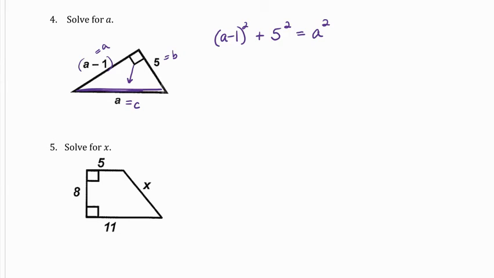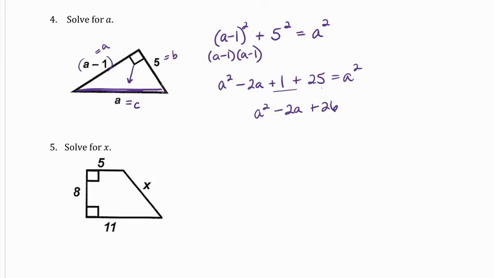When I square a minus 1, remember you want to write it out twice: a minus 1 times a minus 1. That's going to give us a squared minus a and minus a, so minus 2a, and then negative 1 times negative 1 is plus 1, plus our 5 squared is 25, equals a squared. I can combine my like terms there, so a squared minus 2a plus 26 equals a squared.